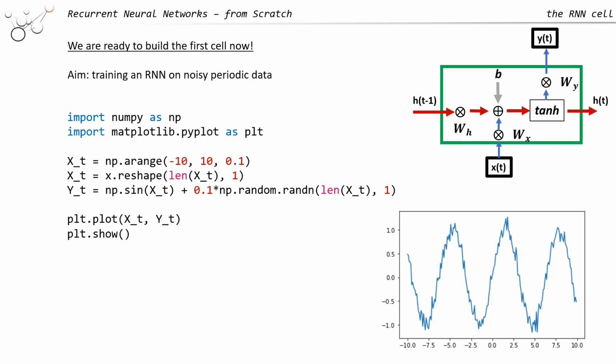Again, we would actually apply an RNN to a time series where we don't really know what the analytical solution is, or where an analytical solution does not even exist.